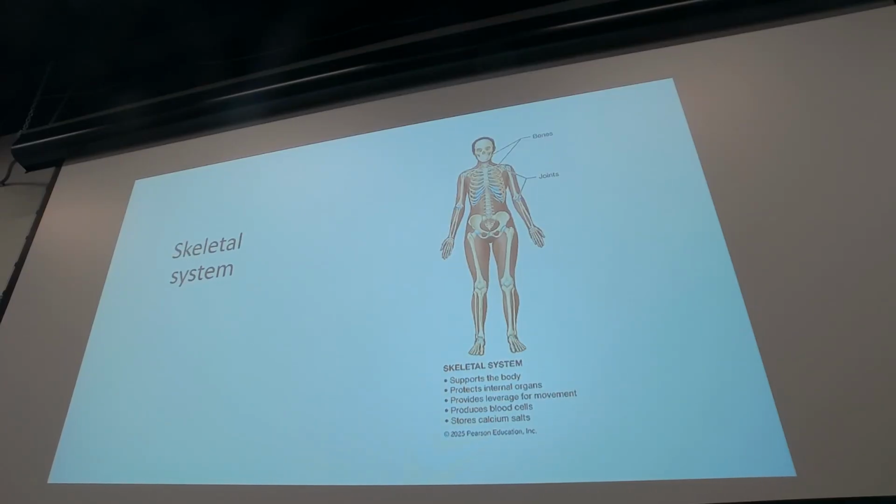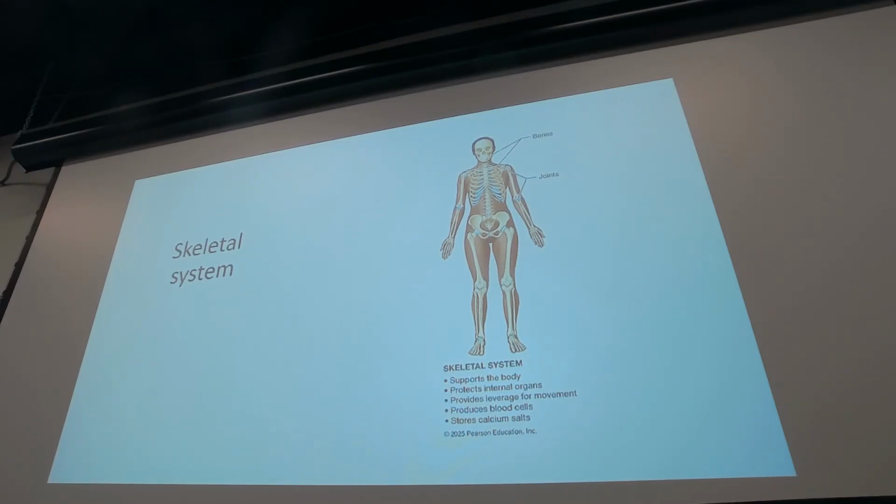The skeletal system is a system of support and protection. We have organs like bones and joints. It supports the body. It forms an attachment frame for our muscles and works together with the muscles to perform movements so that we can manipulate the environment, so that we can move as well.